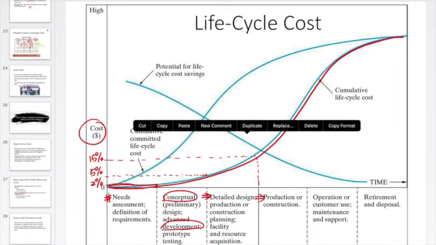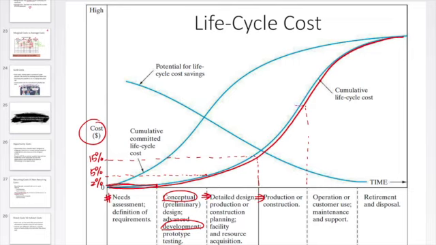And then the next stage is you want to do the production or construction. Okay, things get started. You have equipment on the site, you have the site ready, you have other workers on the site. That will cost you a lot. Wow, that's a big chunk of cost. Could be 60%.